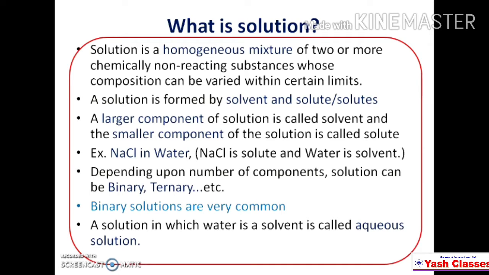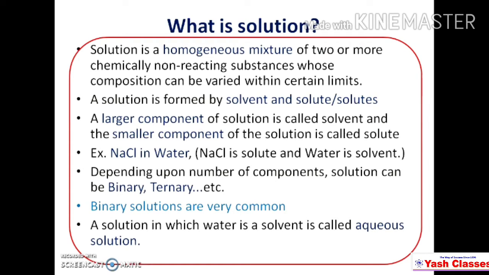Actually, in nature there are different types of mixtures: solid-solid, solid-liquid, liquid-liquid, like that. Some mixtures are perfectly heterogeneous. When sand is mixed with, for example, sugar, it is a heterogeneous mixture, it is not a solution.